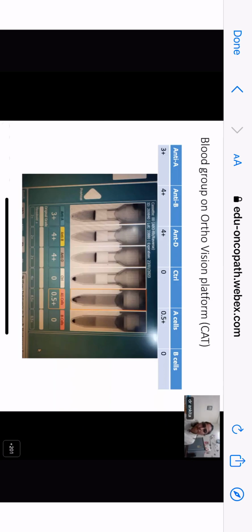Right. So what do we interpret from this picture, the forward and the reverse? Like we said, you have to perform a forward blood group and a reverse blood group and match the results. So are the results matching here? No, sir. It is showing that there is some ABO blood group discrepancy in the reverse blood grouping. Correct.